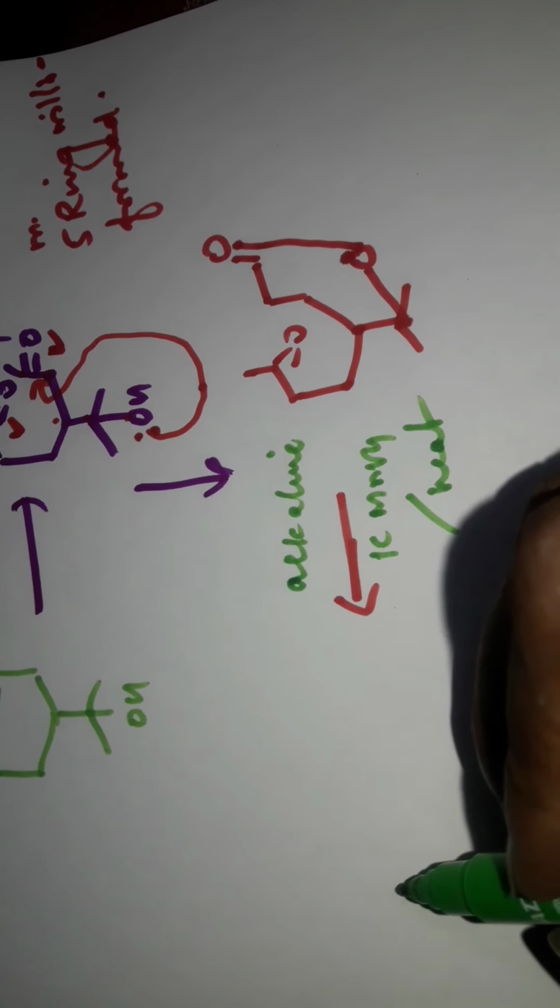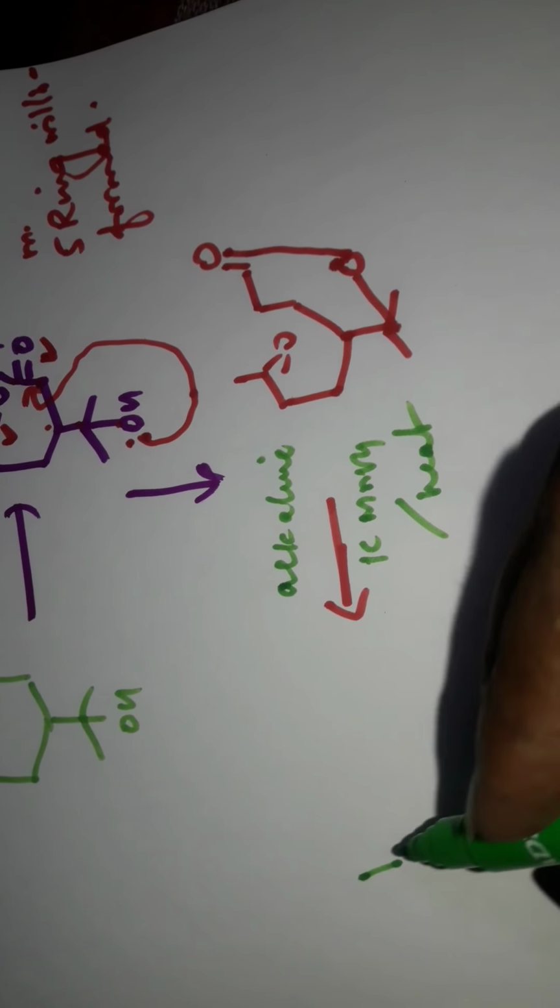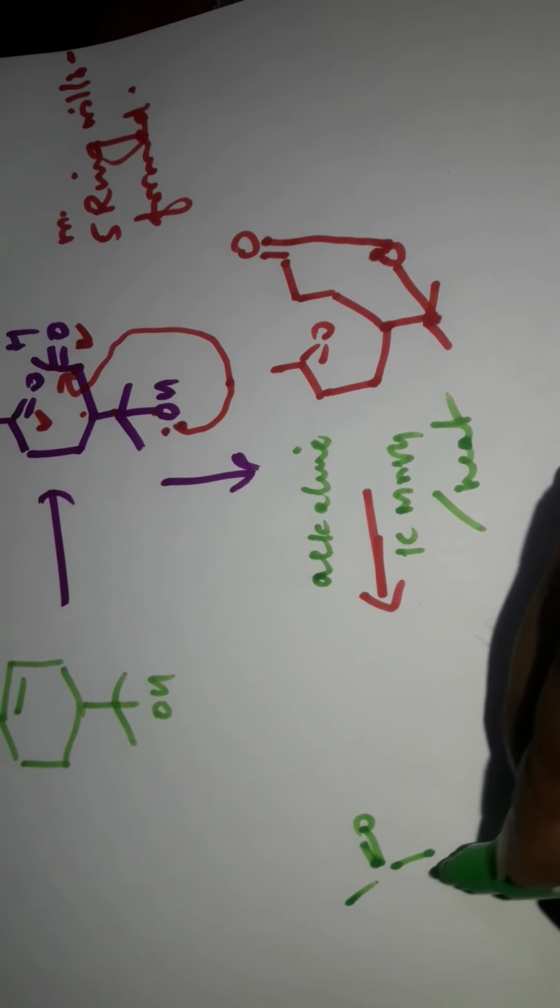If you add alkaline KMnO4, this moiety will be unaffected, and the remaining is this one.